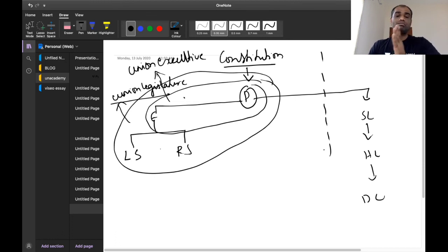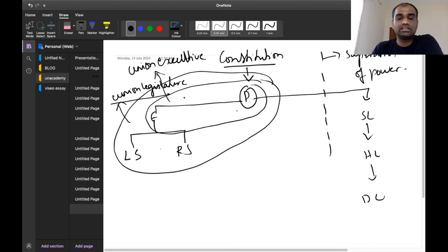The judiciary is kept independent of the other two organs. So unlike USA, only the judiciary is kept independent, not the executive and legislature. Clear? This principle is called separation of power.